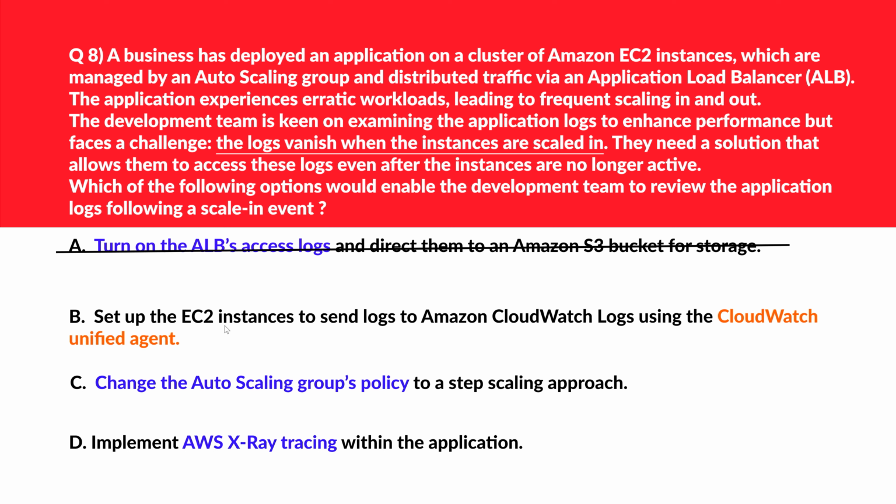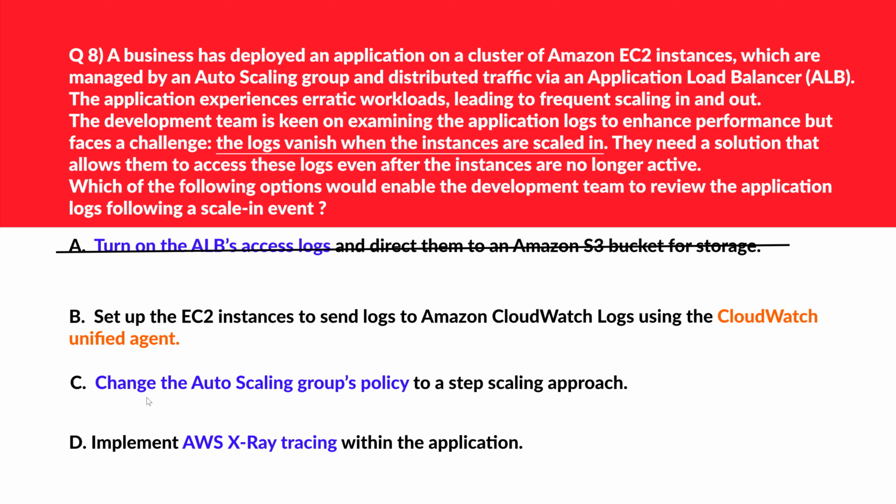B says set up the EC2 instances to send logs to Amazon CloudWatch Logs using the CloudWatch unified agent. So configuring EC2 instances to publish logs to Amazon CloudWatch Logs using the unified CloudWatch agent allows the logs to be retained and accessible even after the instances are terminated during a scale-in event. This can be the potential answer. Let's park this.